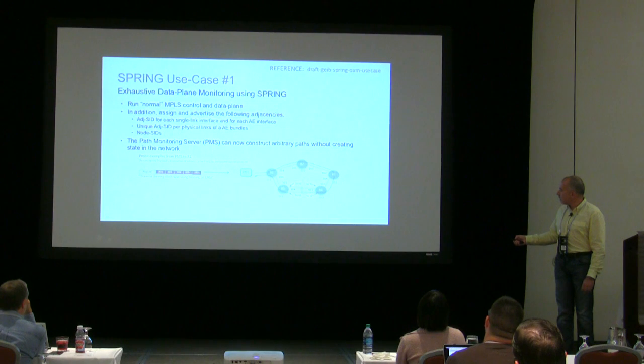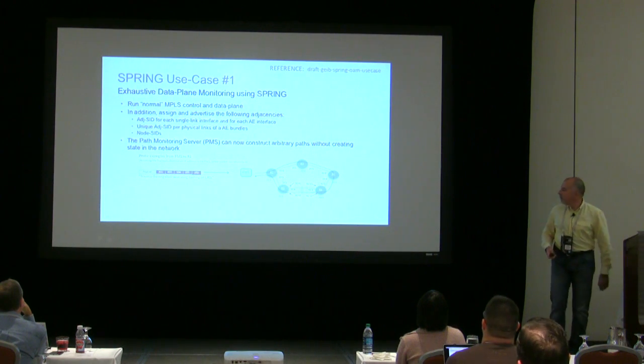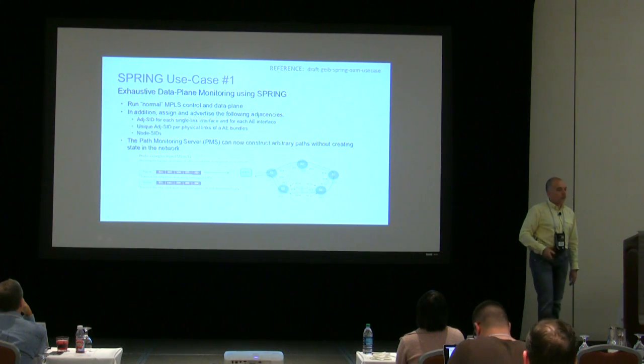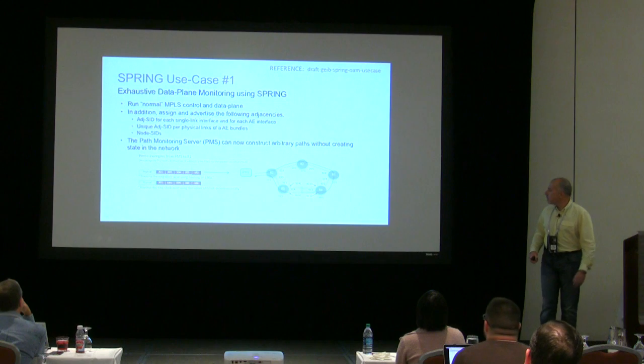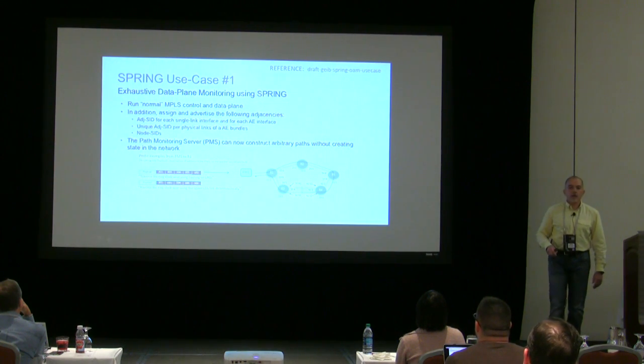And then there's these other labels or the other segments that got assigned that actually identify the individual participants in this lag. So then you can construct a different probe that says, hey, this one, I want to do the same thing, except I want to deterministically exercise the upper link of that lag.